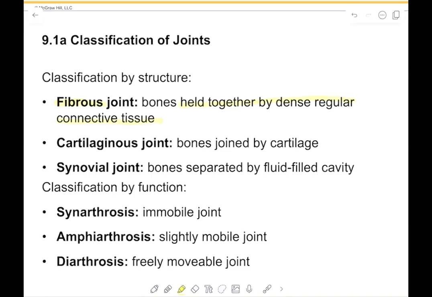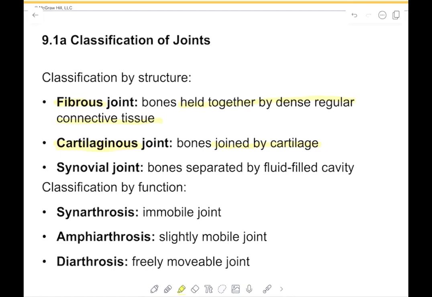The next type of joint is called a cartilaginous joint. As the name implies, it's bones that are joined by cartilage. One example would be in the vertebral column, where there is a fibrocartilage intervertebral disc that's classified as a cartilaginous joint.